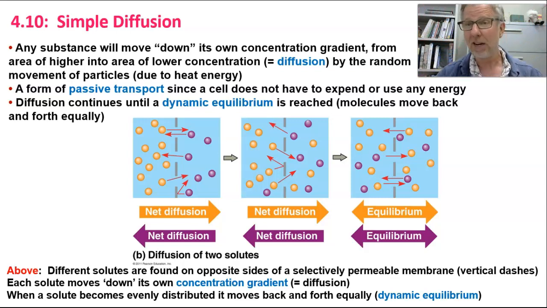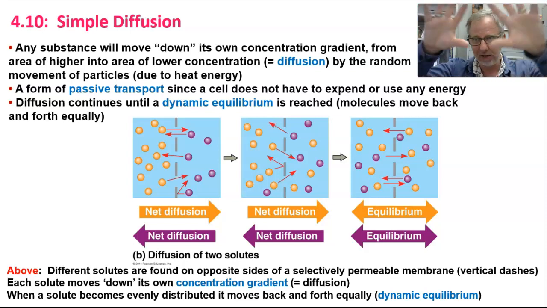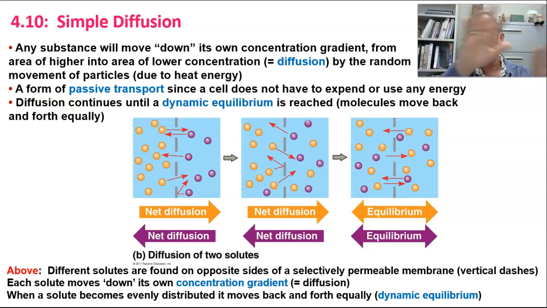And eventually, molecules of any type will become evenly distributed, moving around randomly, and they'll be going back and forth equally. And that's called dynamic equilibrium. And when a substance gets to dynamic equilibrium, there's no more diffusion. There's no more moving from high to low. It's all evenly spaced out, evenly distributed.